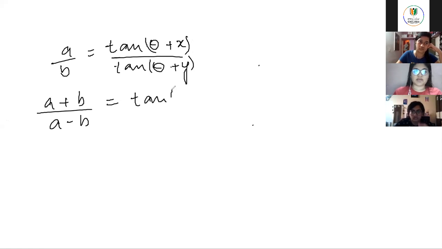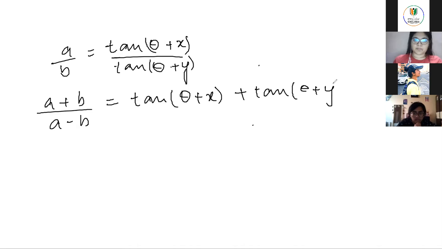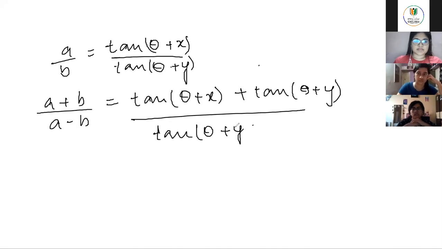You can write (tan theta plus x) plus (tan theta plus y) and (tan theta plus x) minus (tan theta plus y). This is also correct.